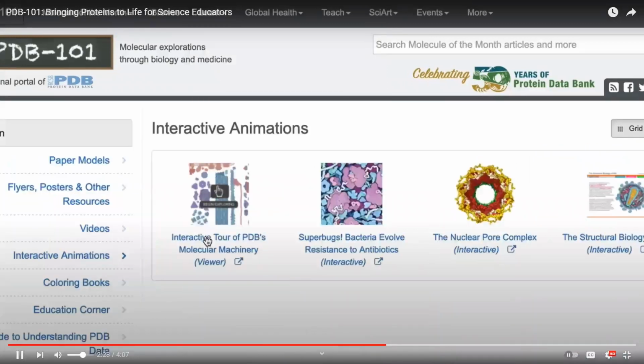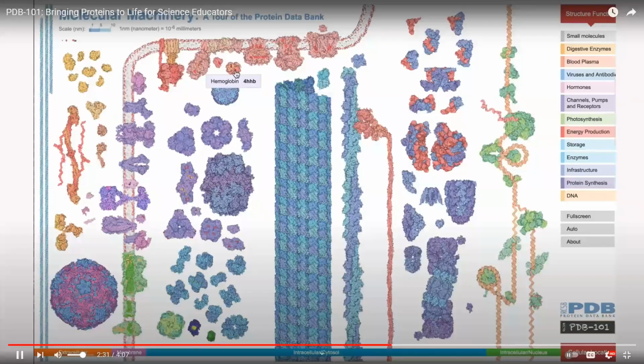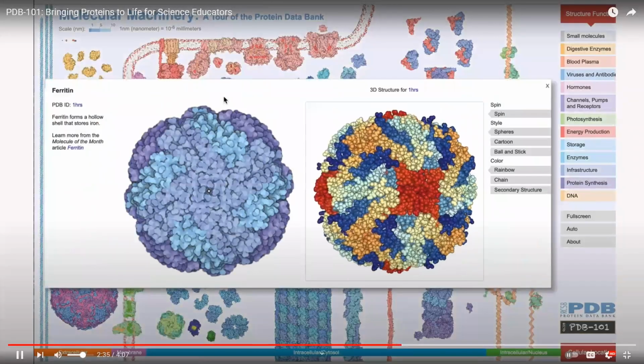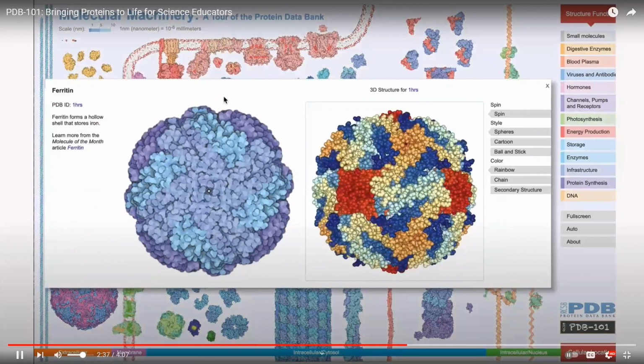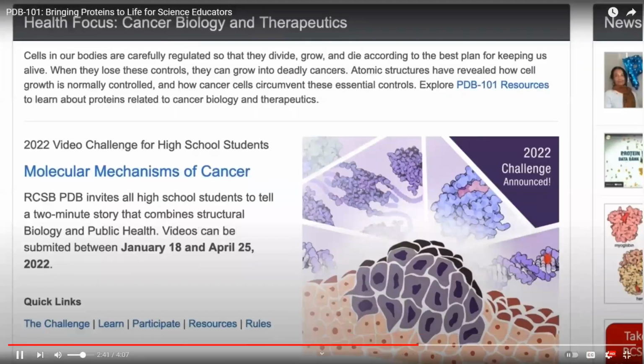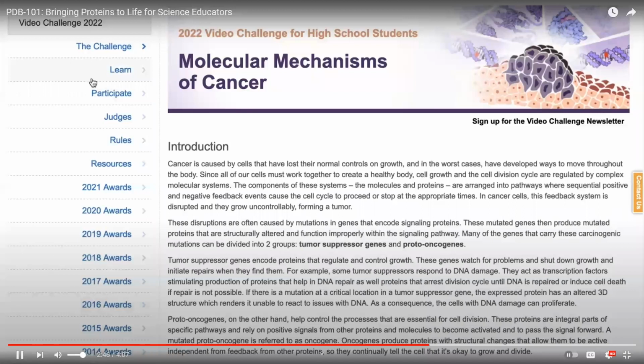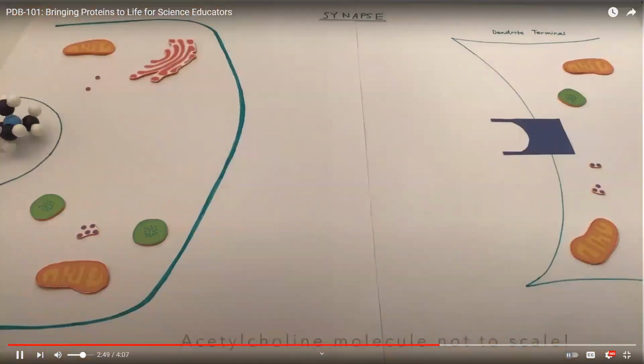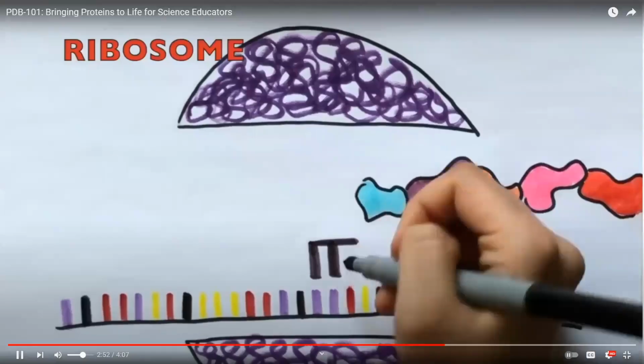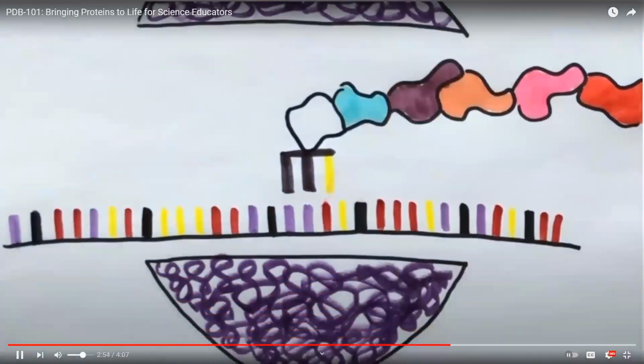For example, the interactive molecular machinery poster provides a proteomic tour from the cell membrane to the nucleus, offering 3D views for each of the proteins featured. Looking for a class project where students can combine research and science communication? The Video Challenge for high school students is an annual event where students research a medically relevant science topic and create a 2-minute video combining the topic's molecular and public health aspects.